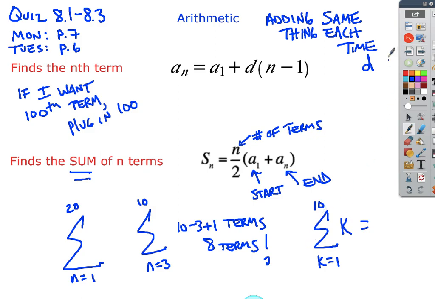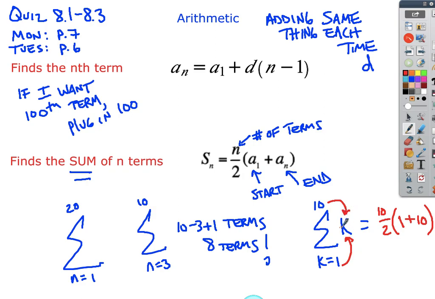So I know that I have 10 terms because it's from 1 to 10. So 10 over 2. My first term is what I get by plugging in that bottom number, so I would plug in a 1 and just get a 1. My ending term is what I get by plugging in that top number, so I would plug in a 10.